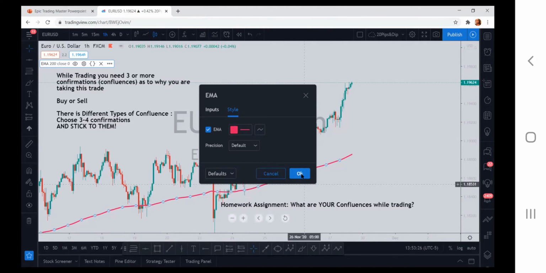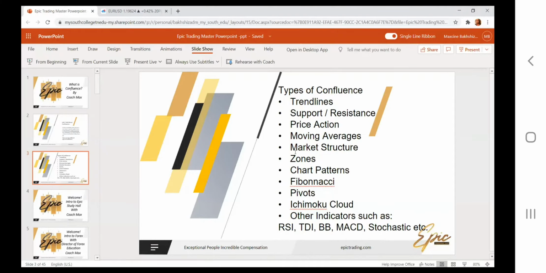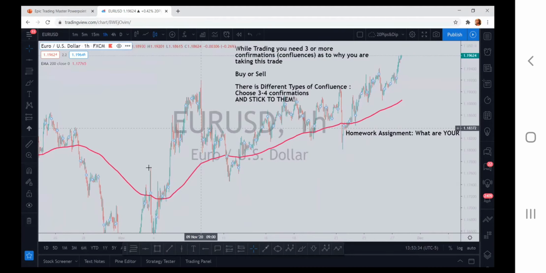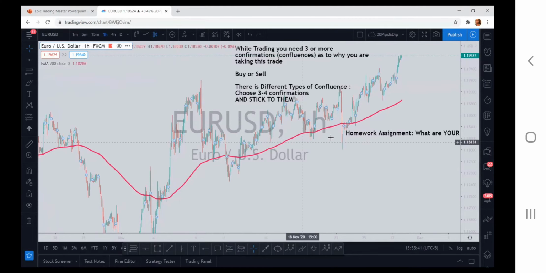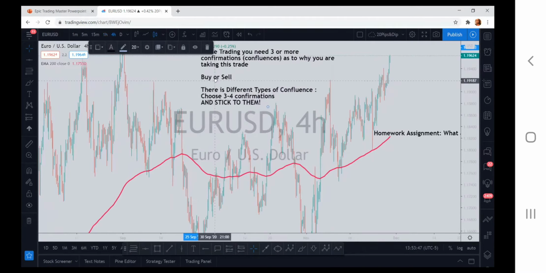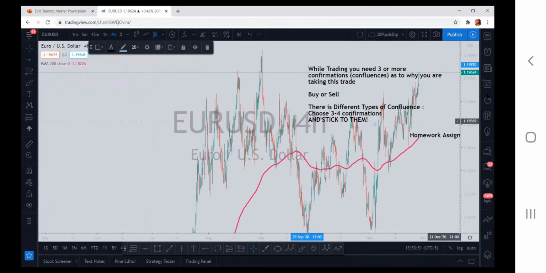If you're using moving average as a confluence, then the directional bias, this is what it's helping you do. This is the 200 exponential moving average. So this moving average is giving you the average trend of the last 200 candles. Okay, so you use this one on a higher time frame and it'll give you the overall bias.